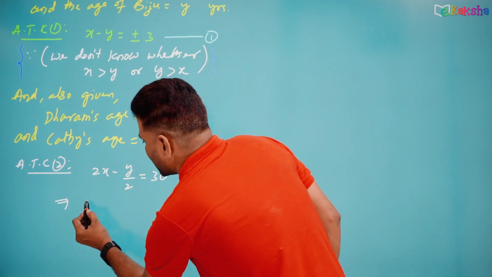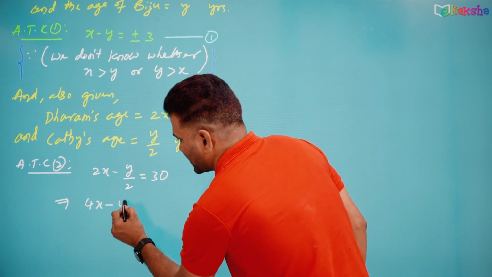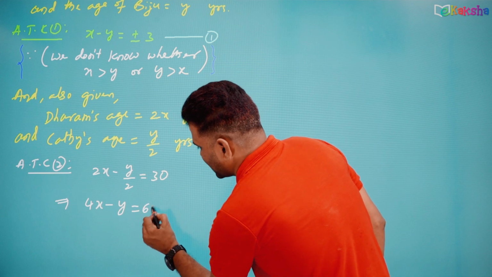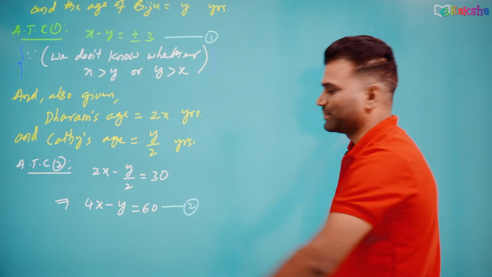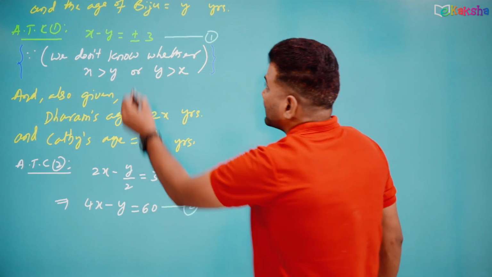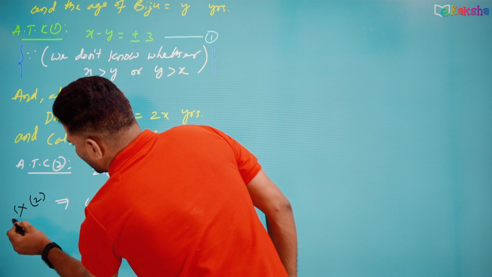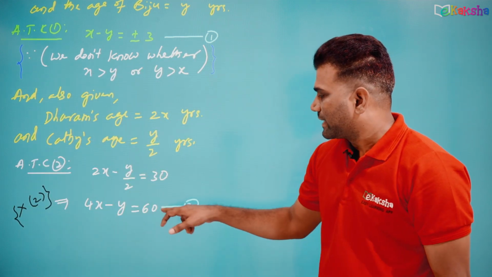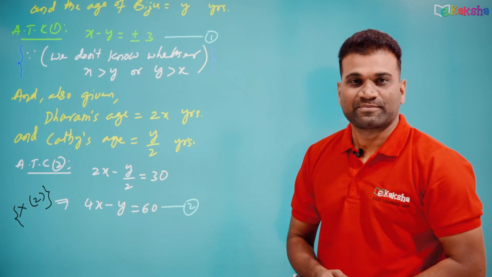Then this becomes 4x minus y is equal to 60. Let us take this as equation number 2. How did we get this? Simple, we multiplied throughout by 2. Then we have got another linear equation with variables x and y.